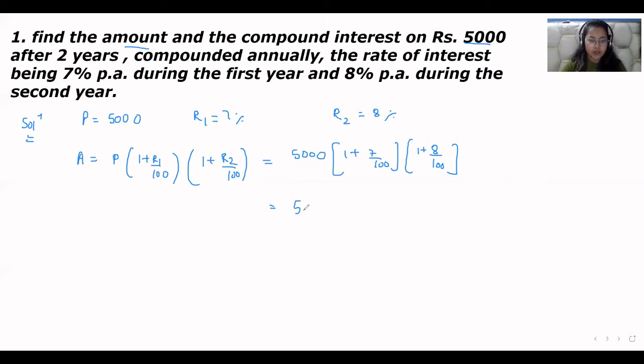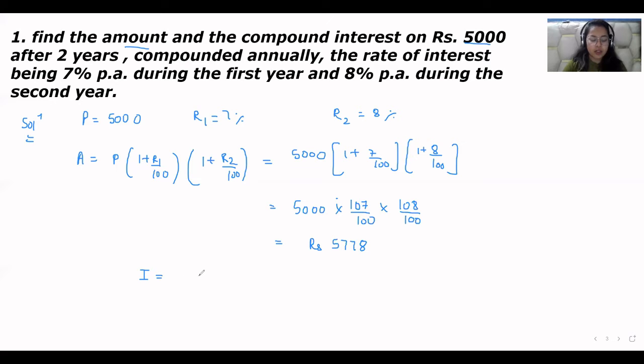After taking the LCM and adding, it becomes 5,000 times 107 over 100 times 108 over 100. After eliminating and multiplying, we get rupees 5,778. So after 2 years, our amount becomes 5,778.